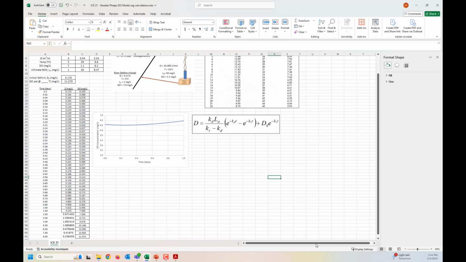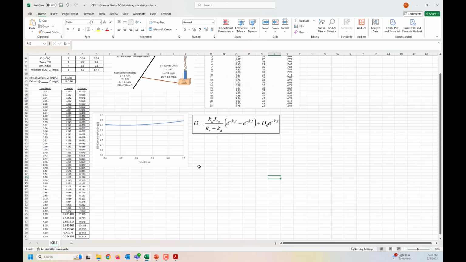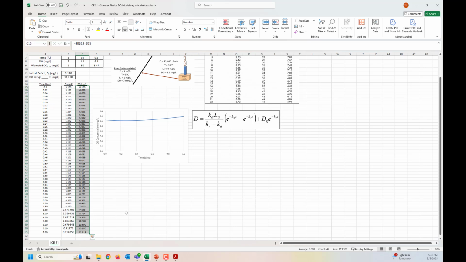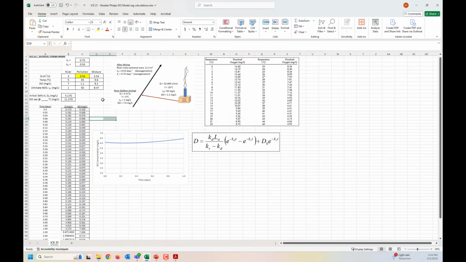All right, so how high could the wastewater flow rate, so here's the wastewater flow rate, I can change that, and I don't want any of these dissolved oxygens to go lower than 4. So this is kind of like a goal seek activity here.